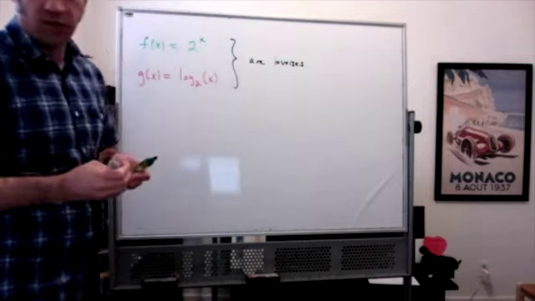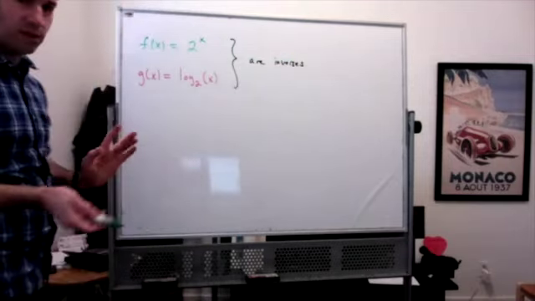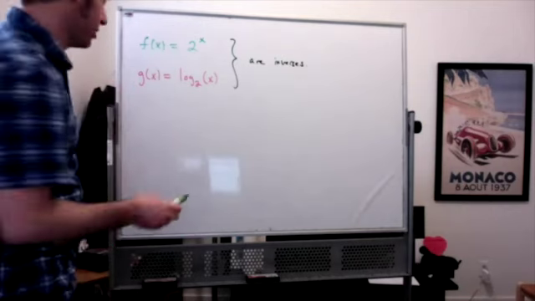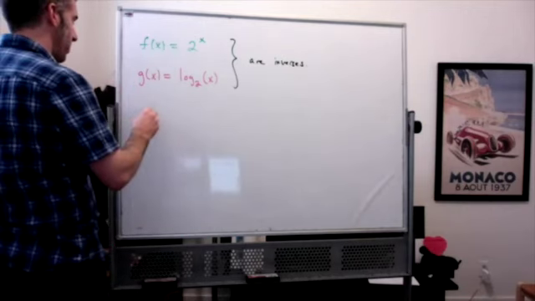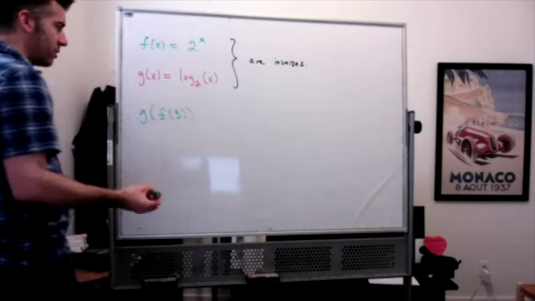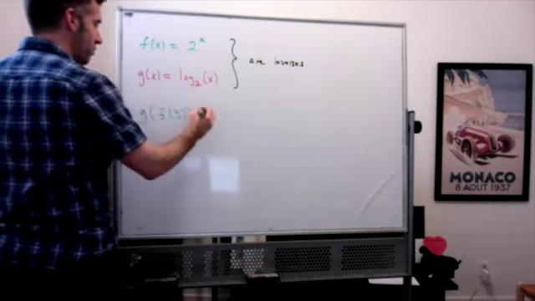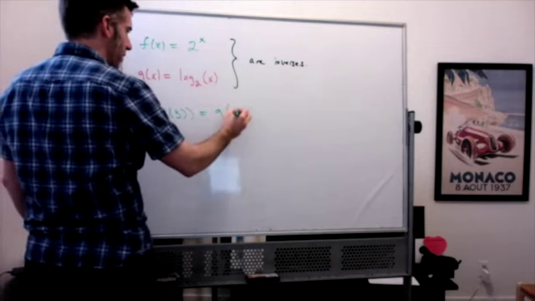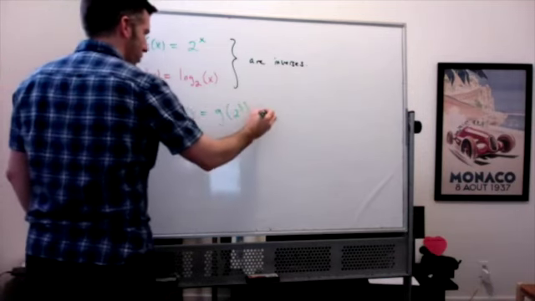The way we show their inverses, I'm going to show you something, but I want you to take it with a grain of salt. So what if I looked at, say, g of f of 3? F of 3 is 2 to the 3rd. So that's g of 2 to the 3rd, which is g of 8.